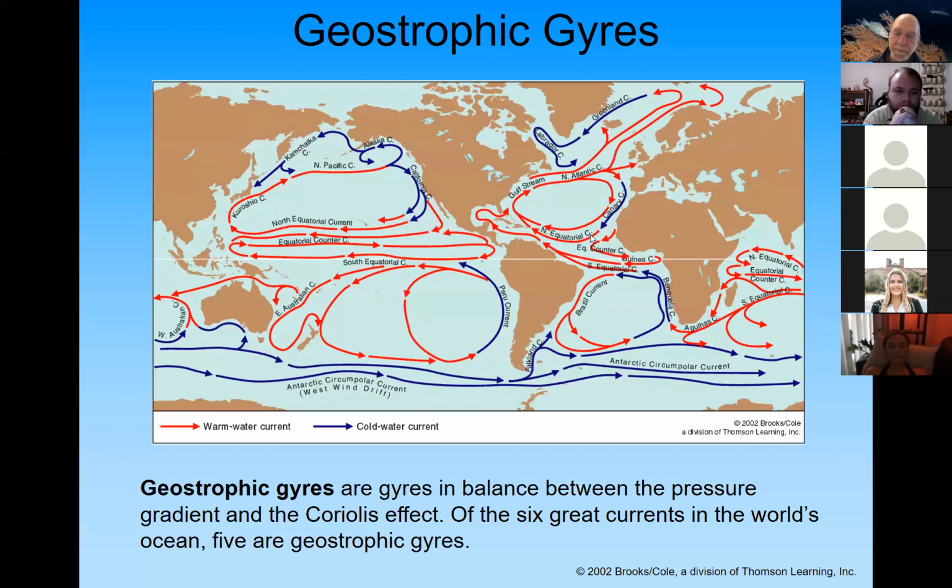In the South Atlantic, the current is reversed, so it's going from north to south, because in the southern hemisphere, Coriolis has a leftward deflection. That moves southward and then comes back in the Benguela Current. So the Gulf Stream gives way to the Canary Current, and the Brazil Current gives way to the Benguela Current.